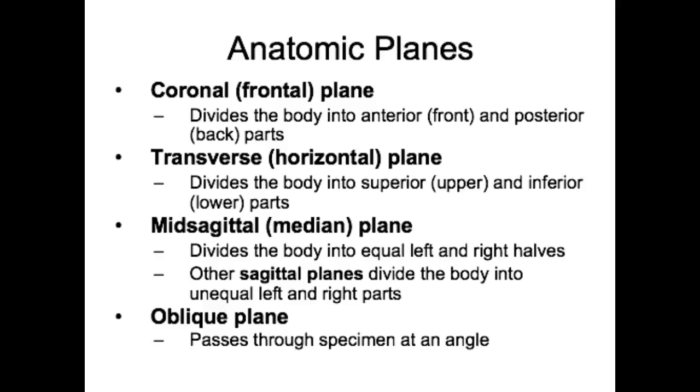The first is coronal. So if anybody has a Spanish-speaking background, this will sound really familiar. It means crown. So imagine a crown sort of up on the top of your head, and this is going to divide the front of your body from the back of your body. And we call that anterior and posterior, respectively.